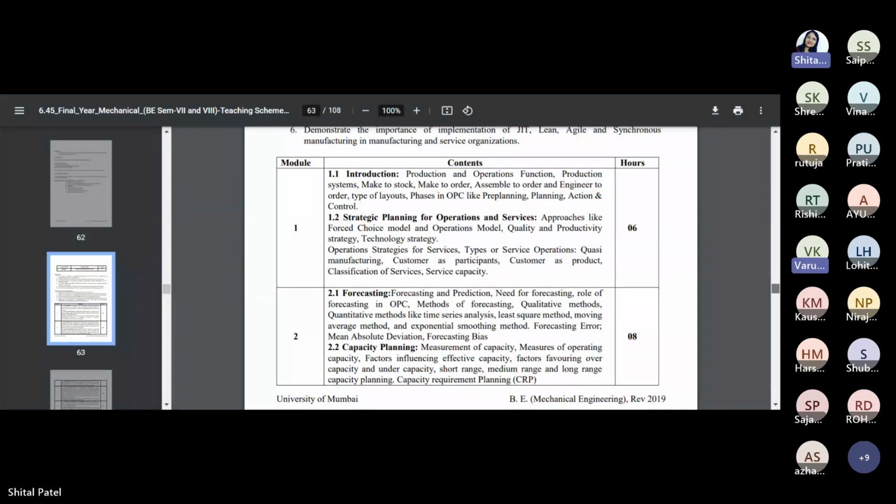And there are some factors which favor under capacity as well. So it can be asked in terms of factors influencing effective capacity, factors favoring over capacity and under capacity. And then the last one is capacity requirement planning, the short note.